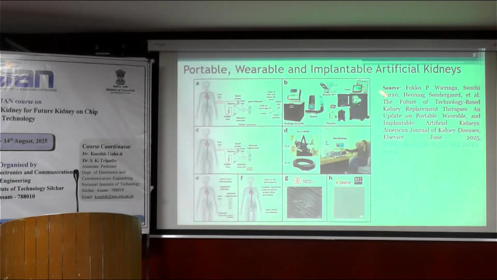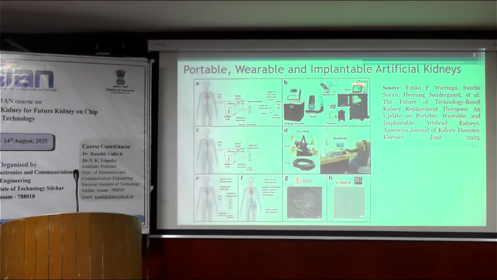If you check the statistics, Europe, specifically Germany and the Scandinavian countries, have a priority to make it possible for every patient who suffers from chronic kidney disease to perform the home dialysis procedure.